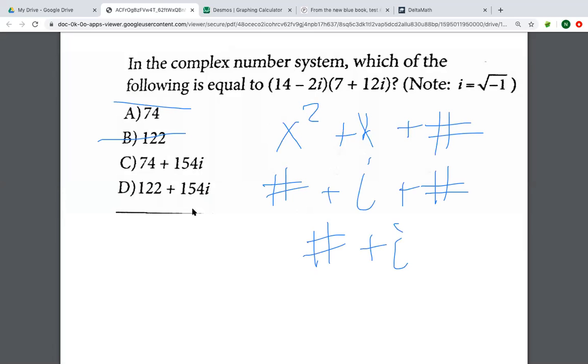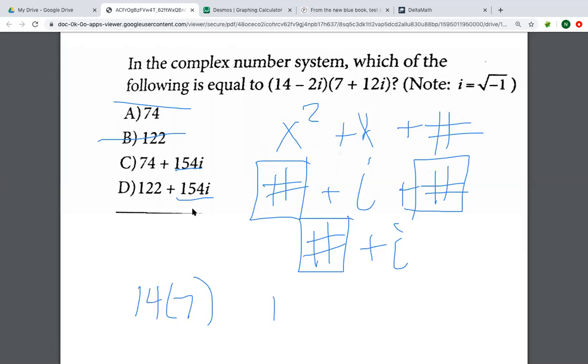Moving on from that, I know that since 154 is the same number in both, I only need to look at my two i-number components. So I get that by doing 14 times 7 plus -2i times 12i.